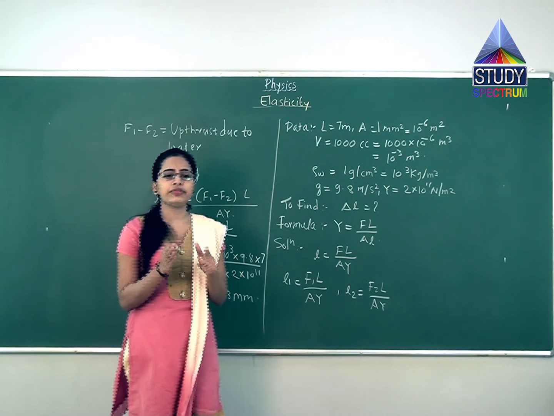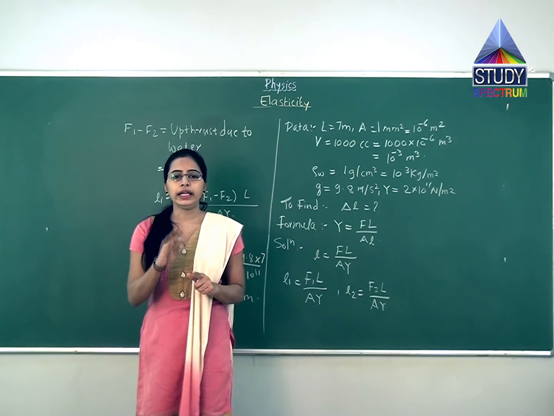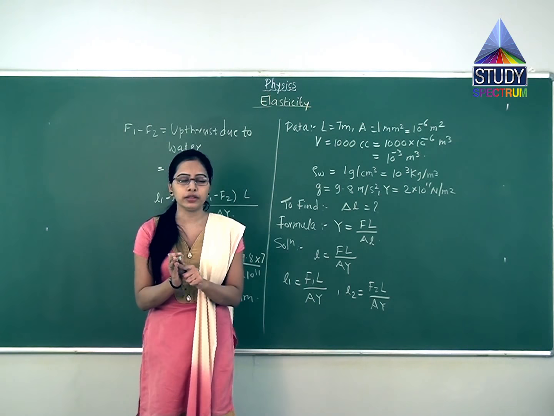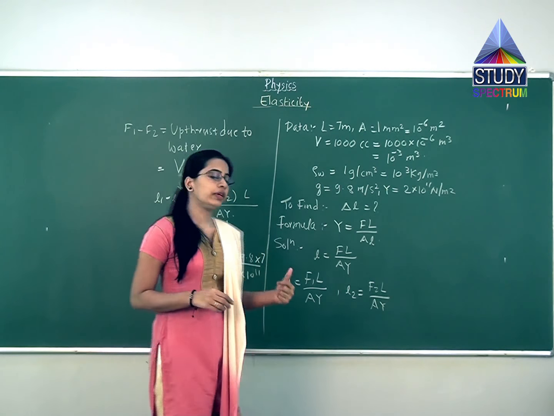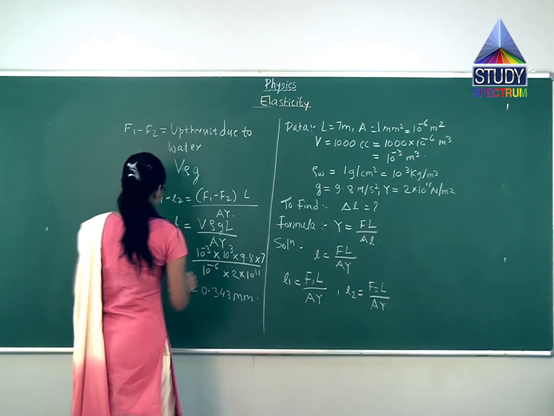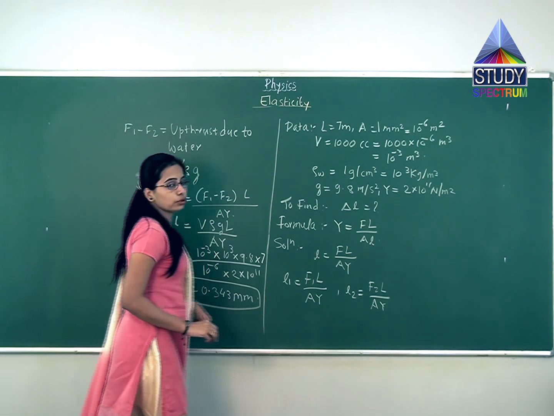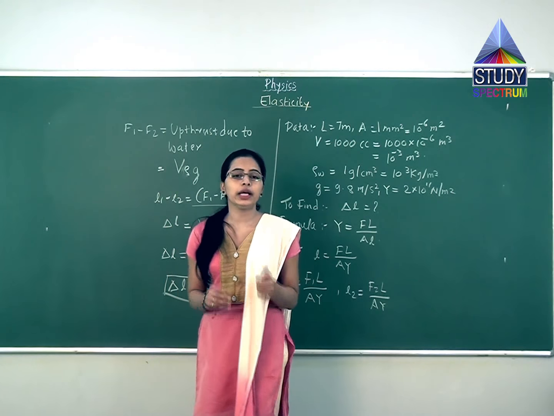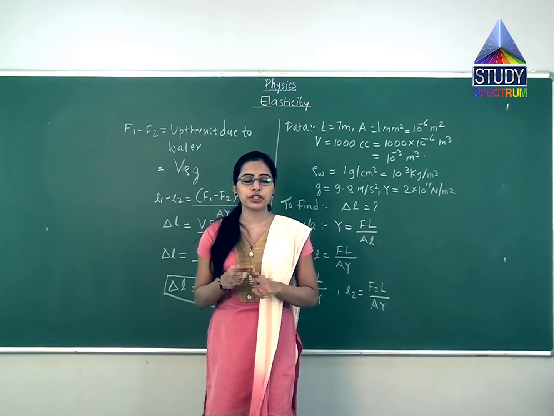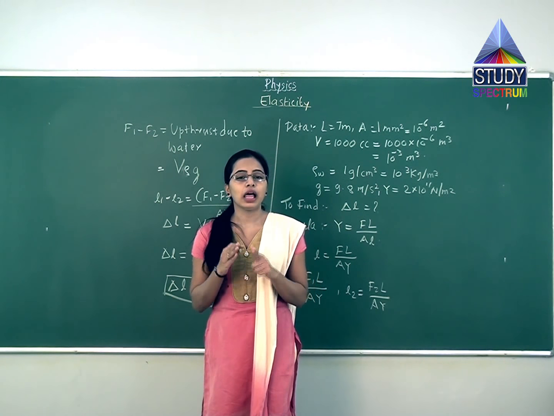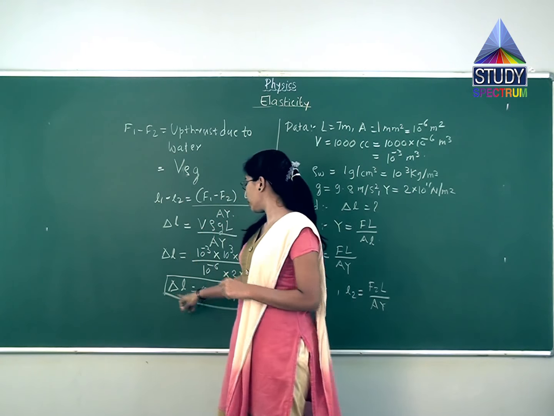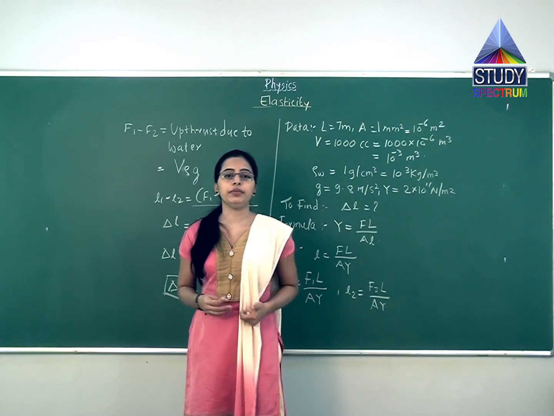Means the actual answer will be 34.3 into 10 raised to minus 5 meter. So that meter I am converting into millimeter. So this is your answer: delta l is equal to 0.343 millimeter. So we will mention that the change in length is equal to 0.343 millimeter.